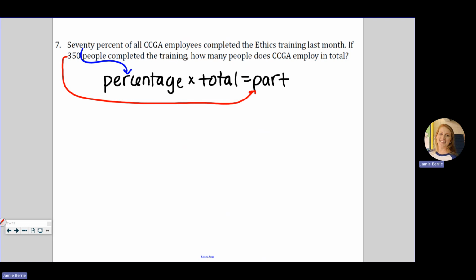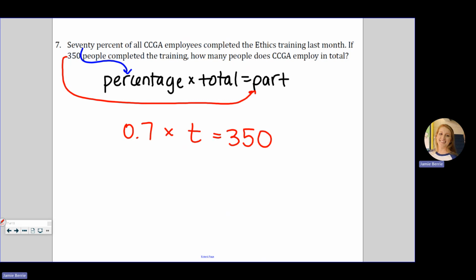So percentage is 70%, but I'm not plugging in 70. What am I plugging in? 0.7, good. So 0.7 times T for total equals 350. We're trying to get T by itself. Divide by 0.7.